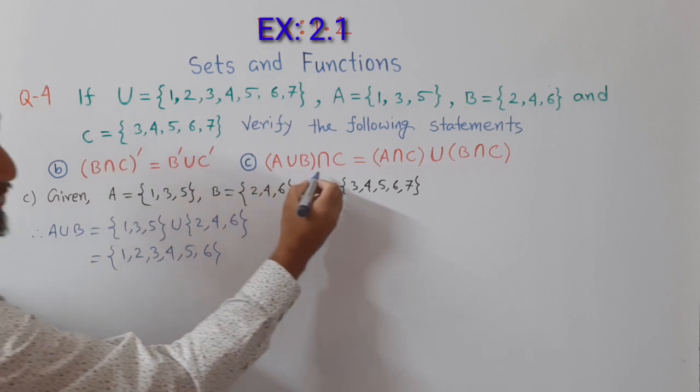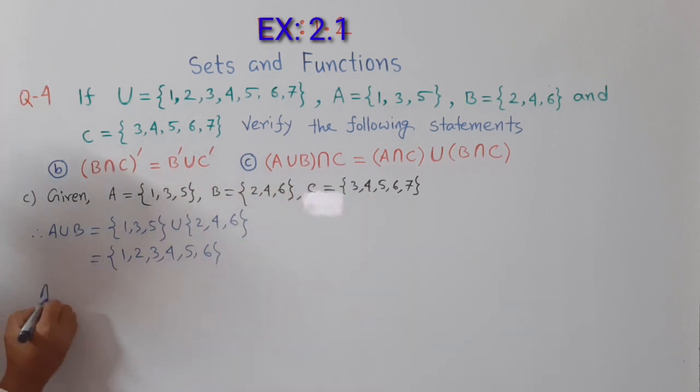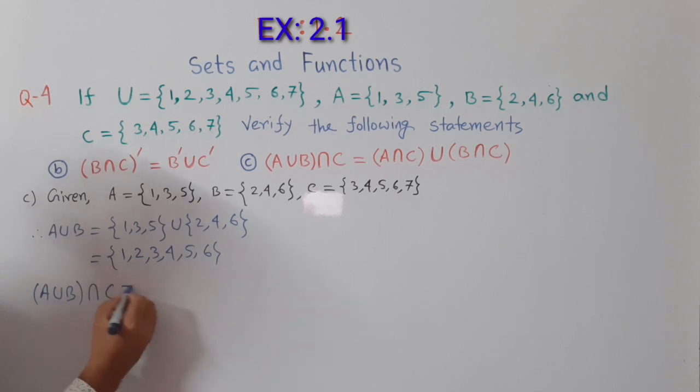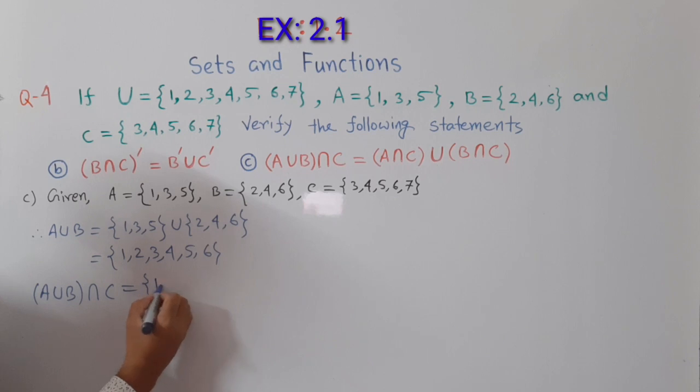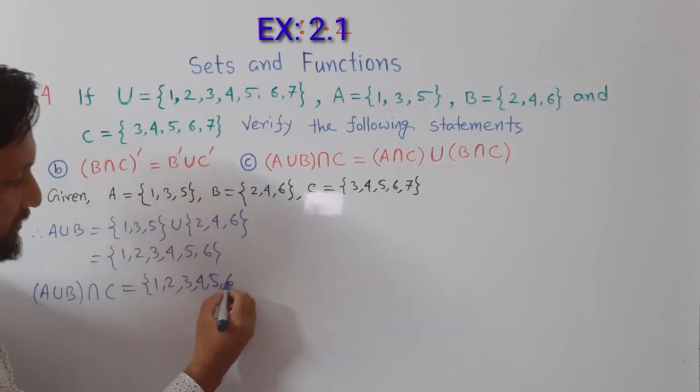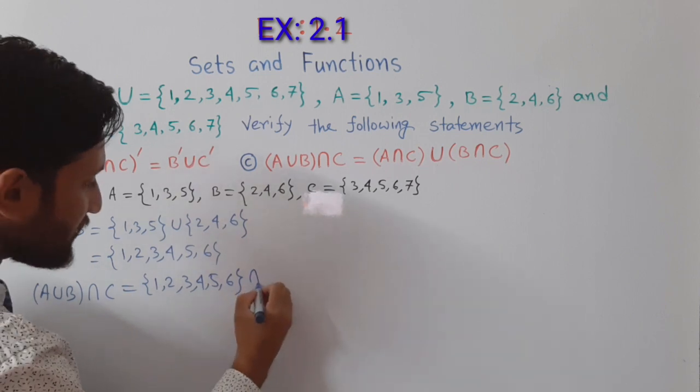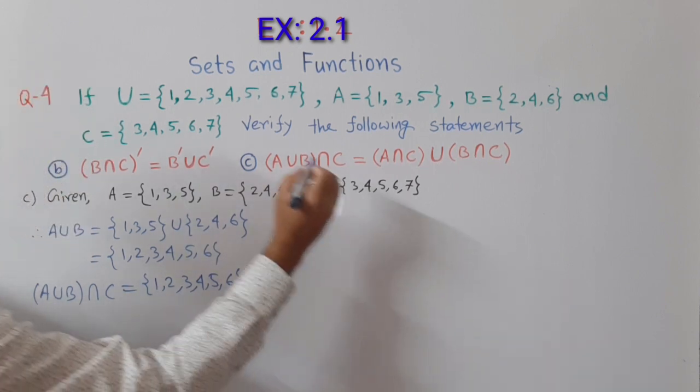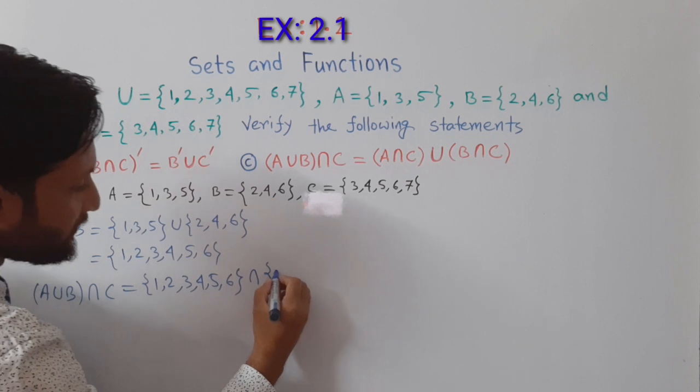And now A union B intersection of C. So A union B, that means 1 to 6. So 1, 2, 3, 4, 5, and 6. And then intersection of C set. So in C set 3, 4, 5, 6, and 7.